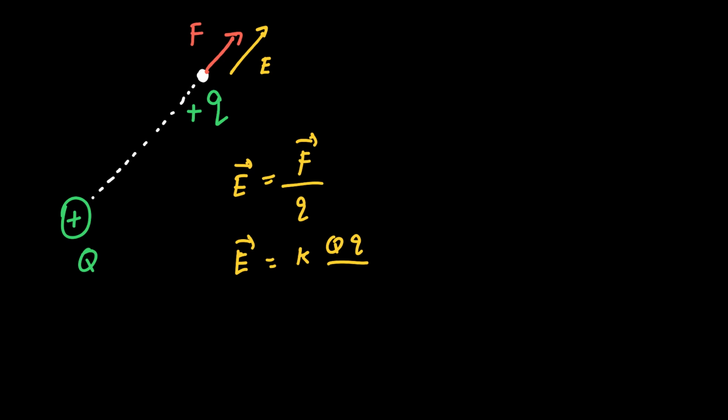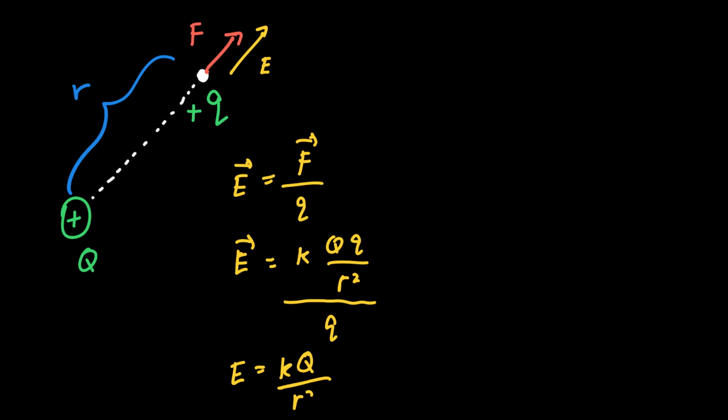In my picture, I should label that the distance between these two charges is r. And so in the equation, it's r squared, divided by the magnitude of the charge q. And so the electric field at this point, E, is given by just Coulomb's constant times the magnitude of the charge itself, capital Q, divided by r squared.